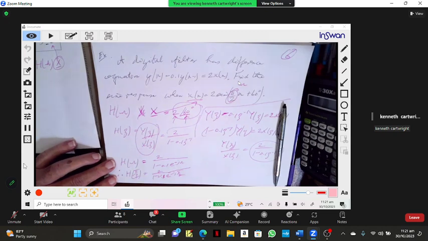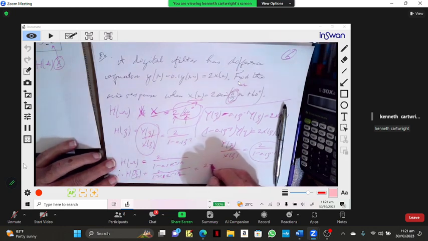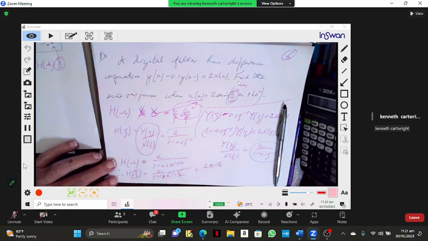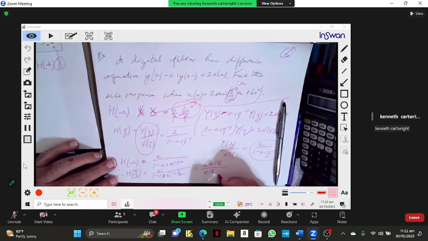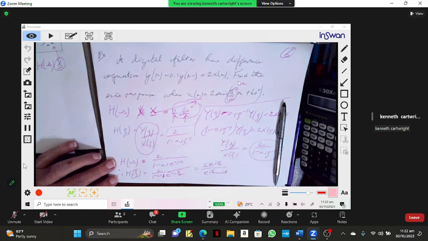Right? Or another way of writing the same thing is 2 e to the j pi over 2 over e to the j pi over 2 minus 0.1. We could do that. We don't have to do that, but we could.